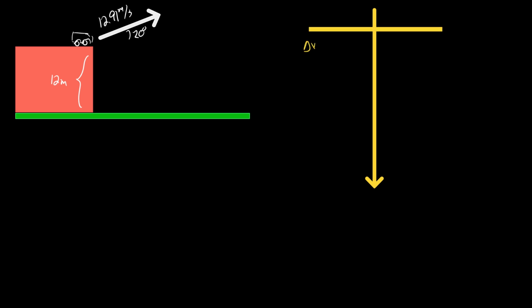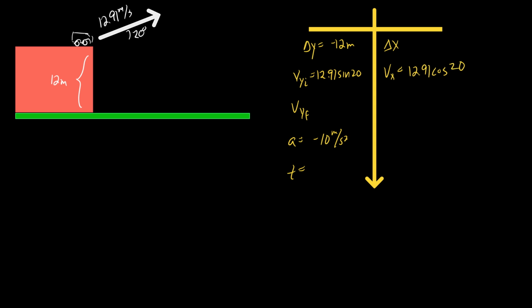So delta y, still negative 12 meters. Vy initial will be 12.91 sine 20. Vy final, I don't know. Acceleration, 10 meters per second squared. Time. Delta x, don't know. Vx, 12.91 cosine 20.